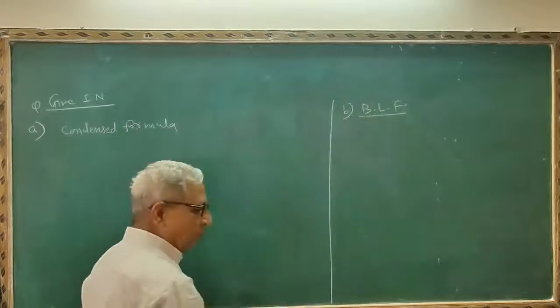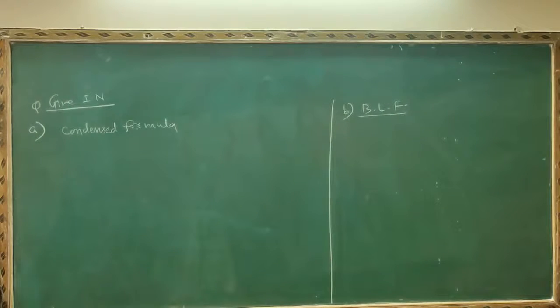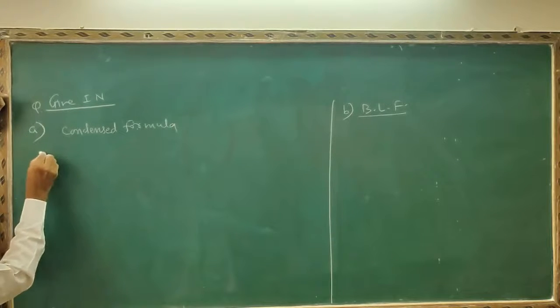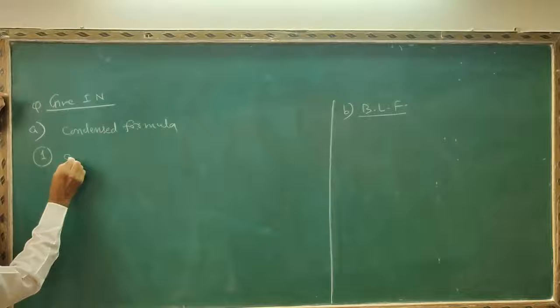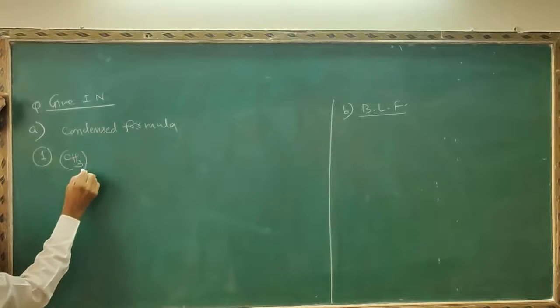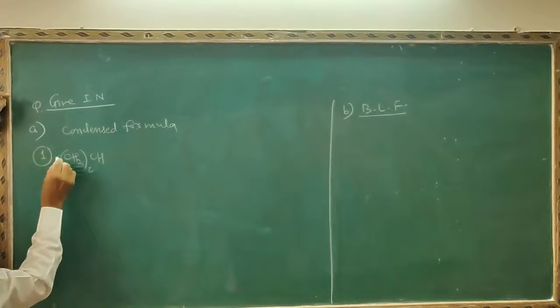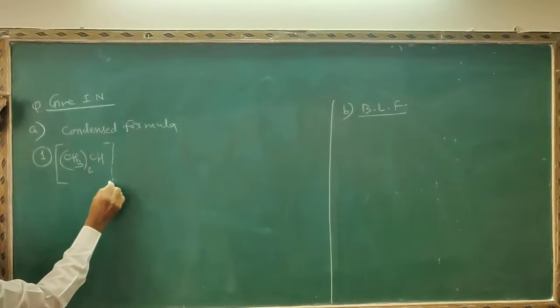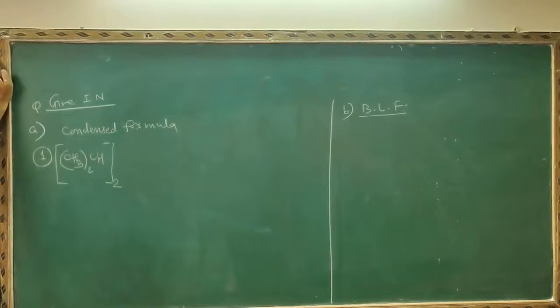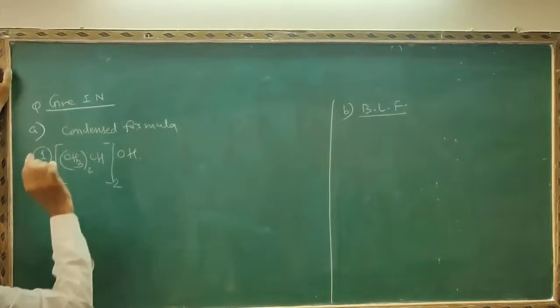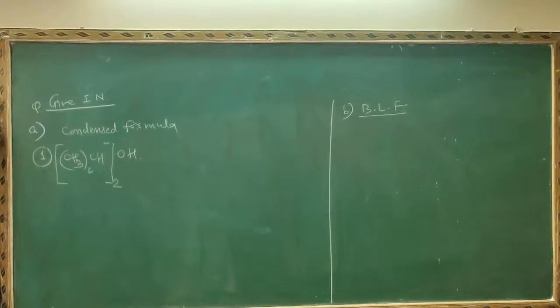Step by step I will explain here. First I will explain the condensed formula. Give the IUPAC name. See the first example: CH3CH2OH. So this is the condensed formula.